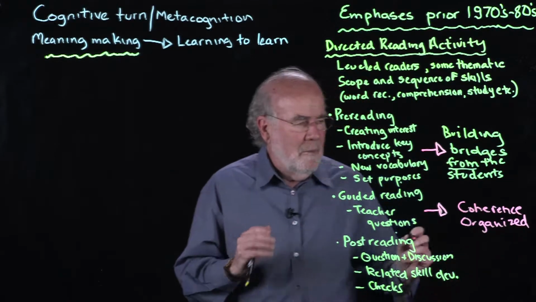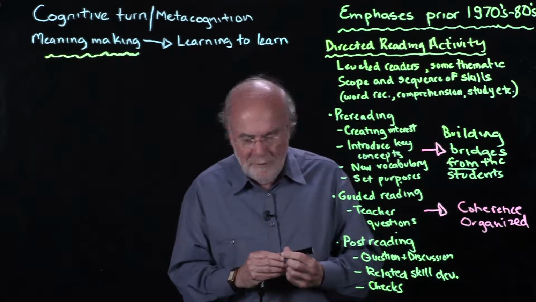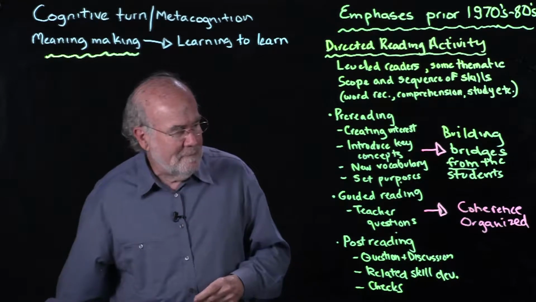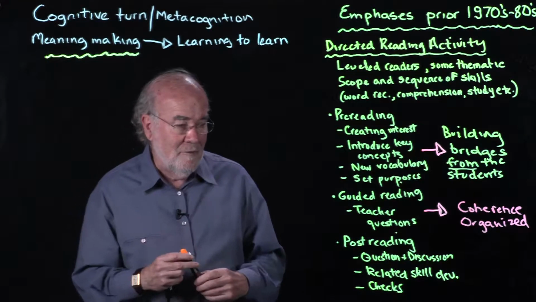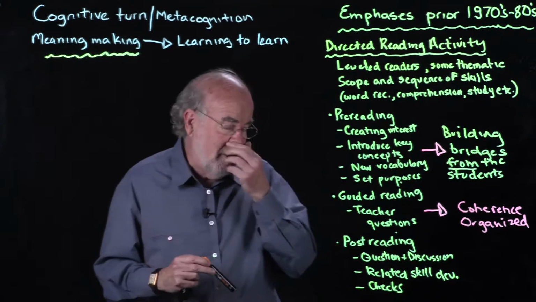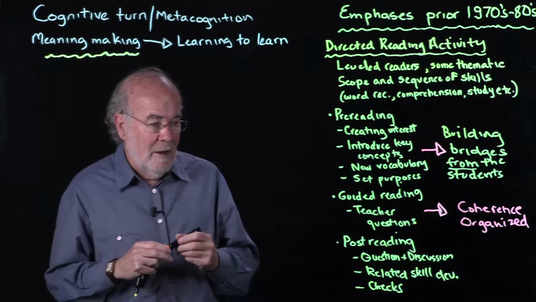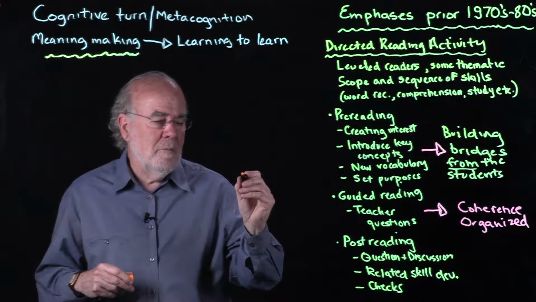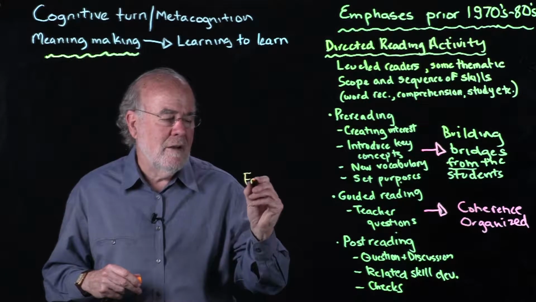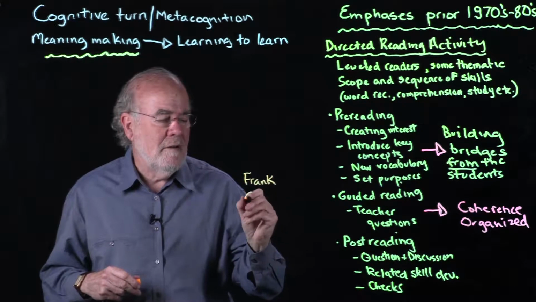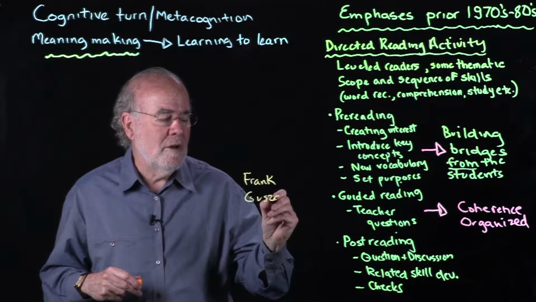Now, what's important here is that this was also a way of dealing with some important research that had been done on teacher questioning. A fellow from Texas, Frank Gusak, had done a classic study of teacher questioning.